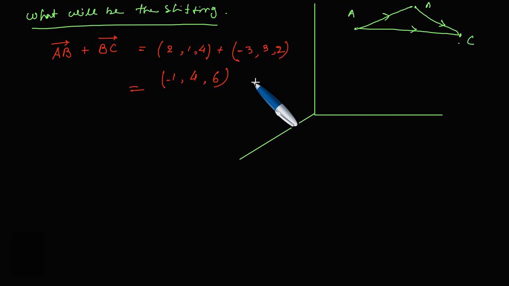The important matter is this equals nothing but vector AC. So AB plus BC equals AC.